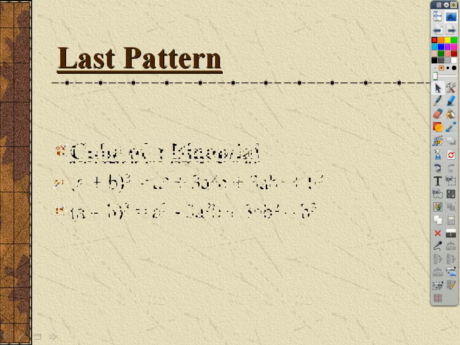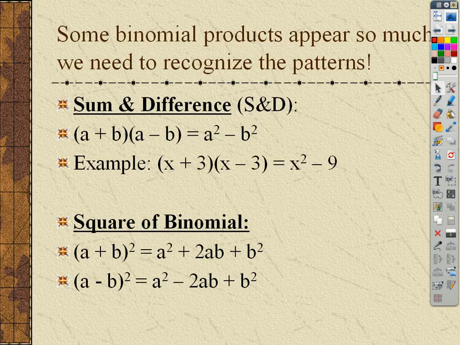Okay, so I guess if we went back to this last page, it's not that big a deal, but I still think you need to know it. We know this pattern. This is what we call the conjugate pattern. If I multiply 2 conjugates together, and that just means 2 binomials with different signs between the terms, so if this one is a plus b, then that one's a minus b.